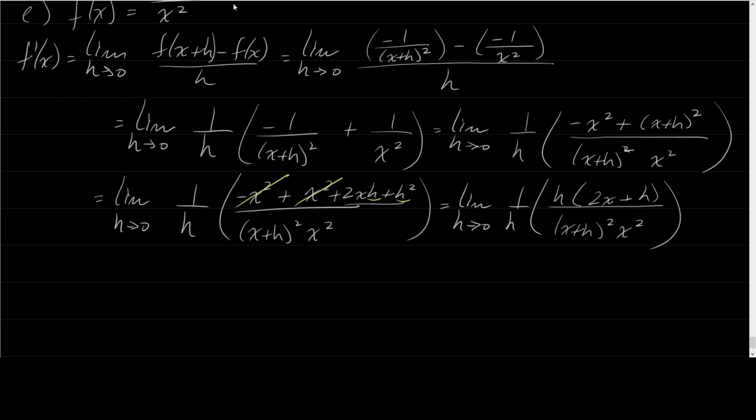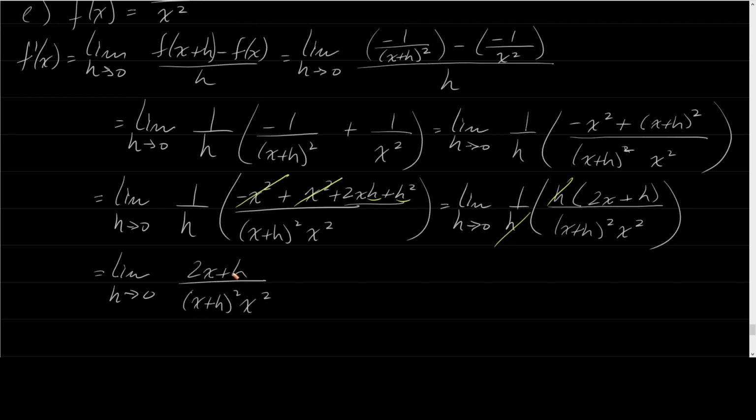And at that point, you'll see that the h in the numerator and the denominator cancel each other out. So what I get now is the limit as h goes to 0 of, well, my numerator is just 2x plus h. My denominator is now (x plus h) squared times x squared.